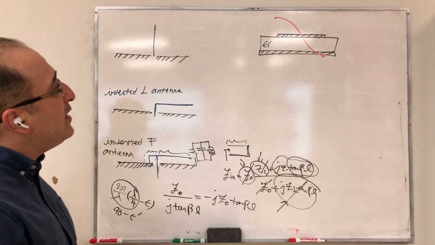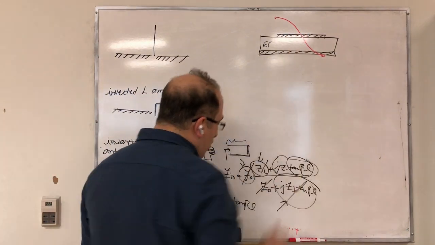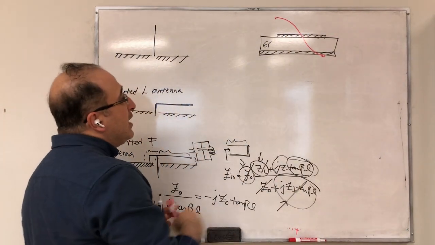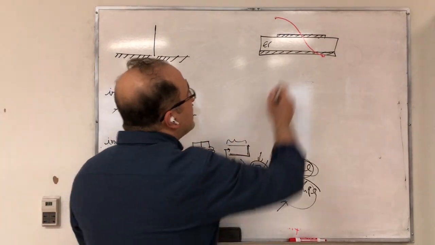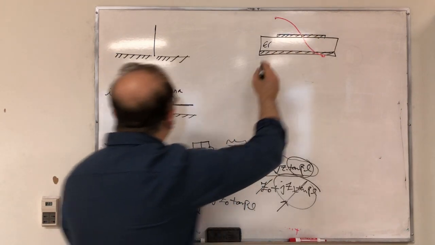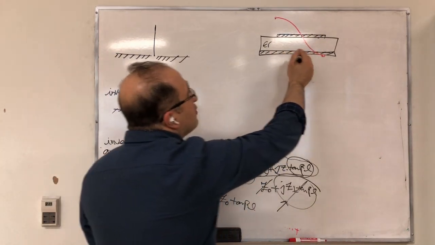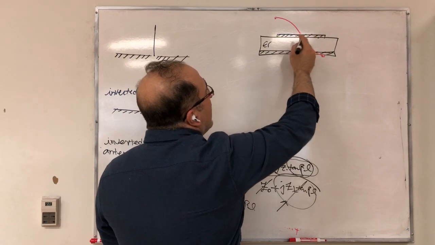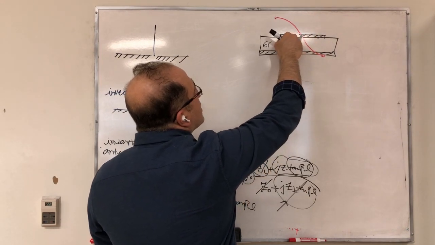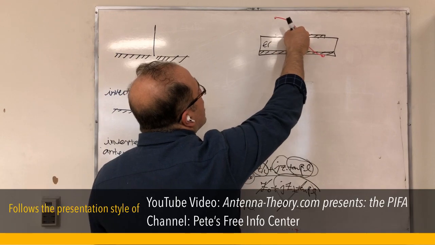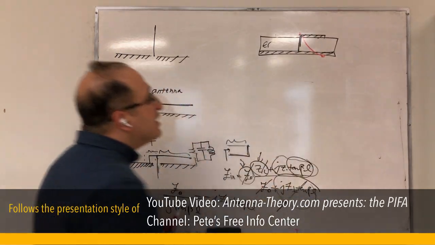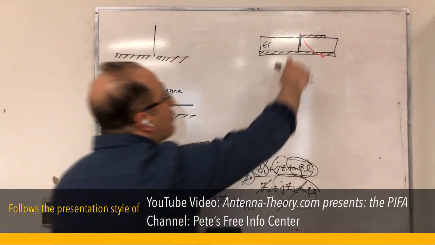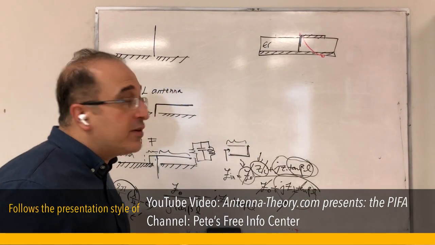So the idea is that because it crosses zero, you can essentially connect this using a shorting pin to the metallic ground plane. If you do that, and then remove this part of the substrate, nothing will change on this side. This side remains the same because you apply the necessary boundary condition.